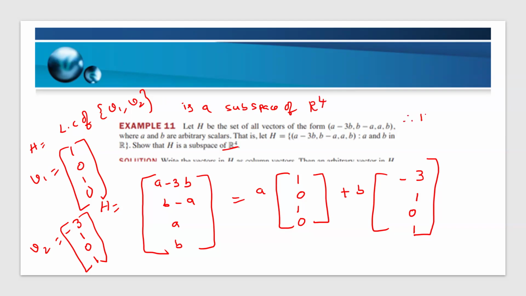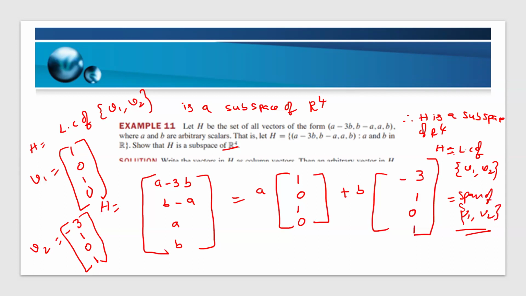Therefore, the given H is a subspace of R^4. Why? Because H is the linear combination of V1, V2, that is nothing but the span of V1, V2. The span of V1, V2 is a subspace. Therefore, H is a subspace.